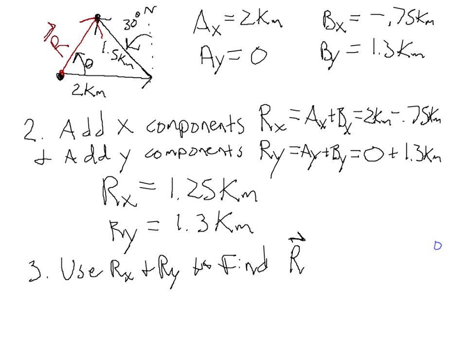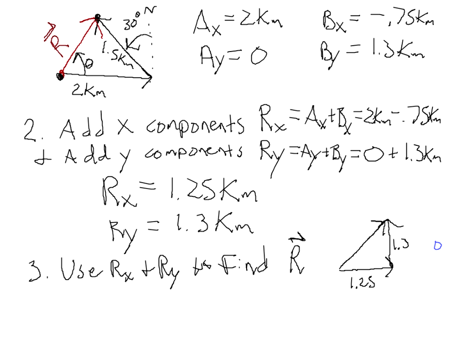Well, if Rx is 1.25 kilometers in the positive direction and Ry is 1.3 kilometers in the y direction, then vector R is the hypotenuse of that triangle. If you've got a right triangle and you know the two sides and you're looking for the hypotenuse, the way to find it is to use the Pythagorean theorem.